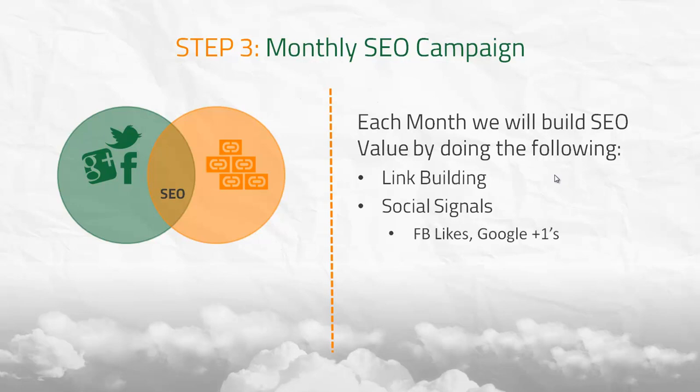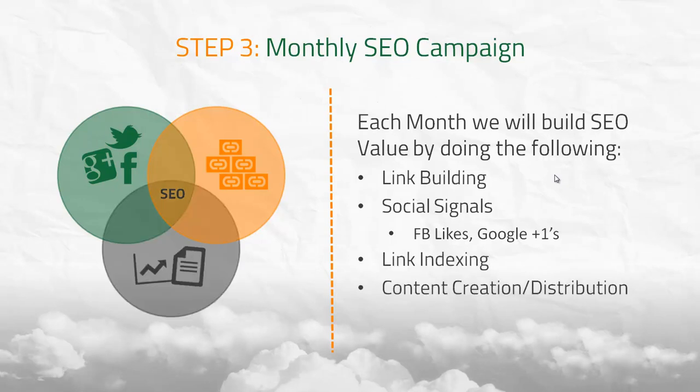So we'll get you Facebook likes, Google Plus ones, things of that nature. And then we do link indexing and content creation and distribution. We create content for you that's related to your site and then link it back to your website. That's vitally important. Those are three major things that, when put together, really do a whole lot of good for you in getting your site out there.